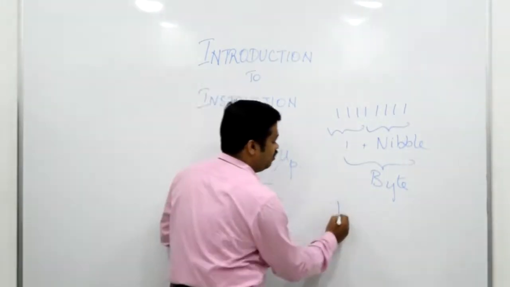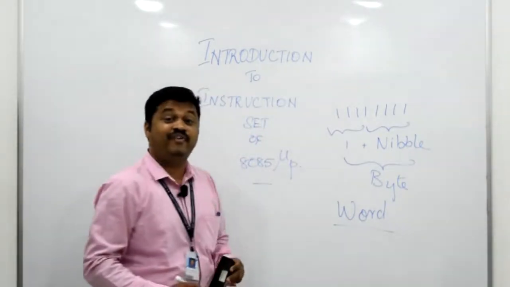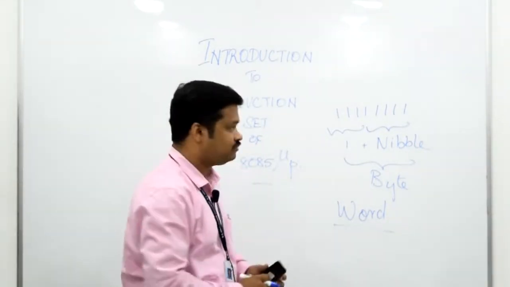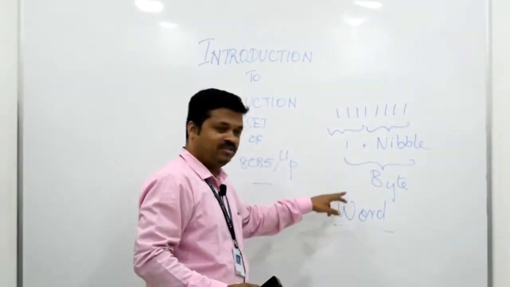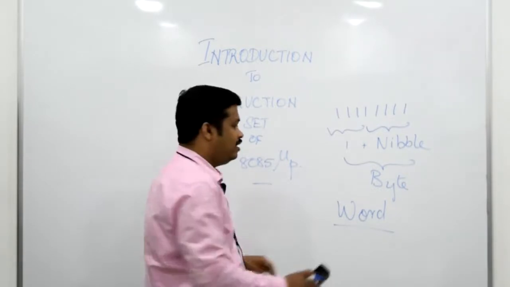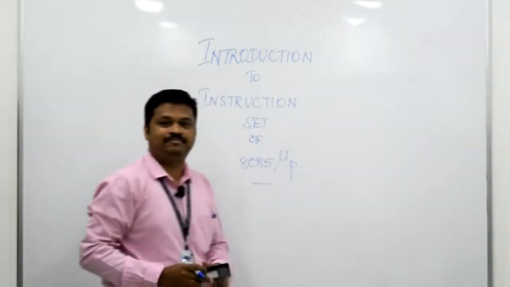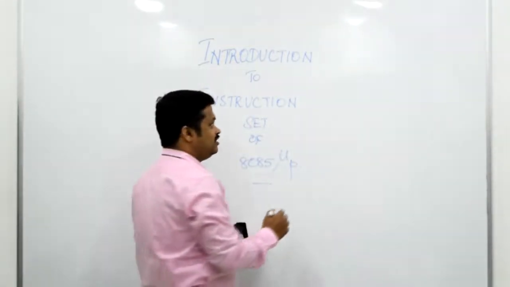If you have 2 words, you call it a double word, and it goes on. So now you understood what a bit, a nibble, a byte, and a word are.